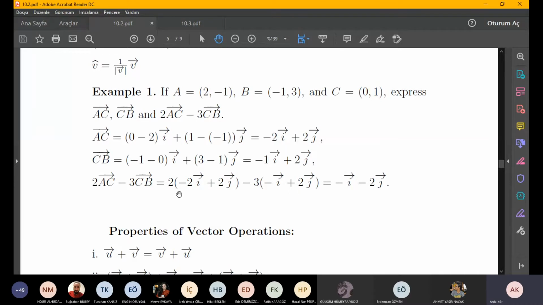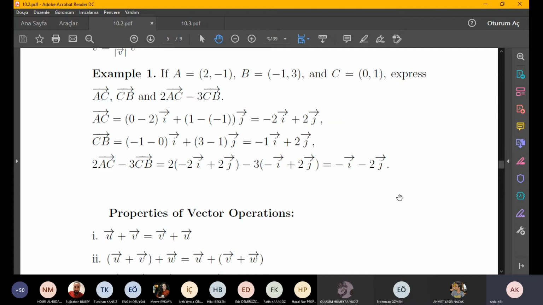After that, if you compute the i component, it will be -4 plus 3, which is -1, and if you compute the j component, the y component of 2AC minus 3CB, it will be 4 minus 6, which will be -2. Of course, you can write it with the angle brackets as <-1, -2>.